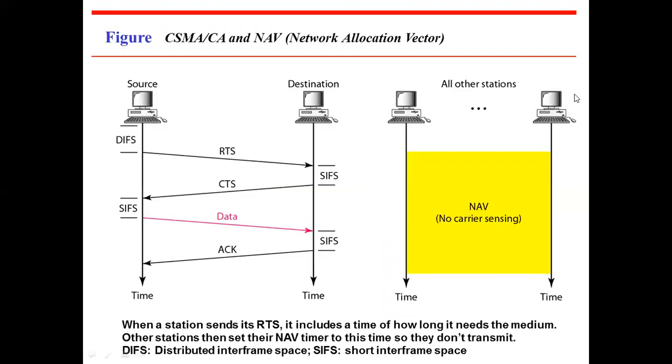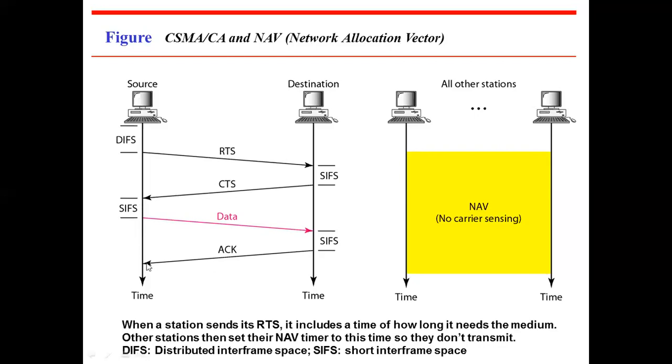When I look at it, it is like this. First the DIFS interval, then RTS is sent, then SIFS, then CTS is sent, then another SIFS, then data is sent towards the destination, then SIFS.